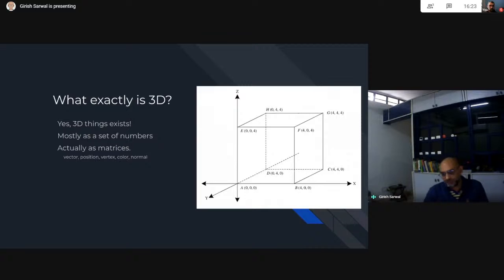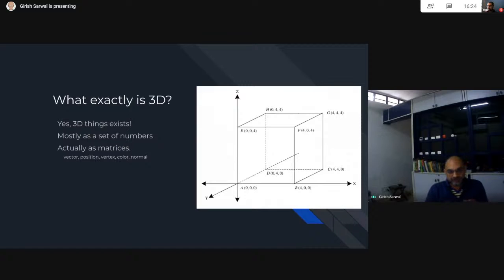So my answer typically to them is that yes, 3D things do exist. They typically only exist as a set of numbers. So there is no manifestation. I mean, memory is not 3D. Memory is typically 1D. It's a contiguous 1D array of bytes. So how does 3D come into the picture?